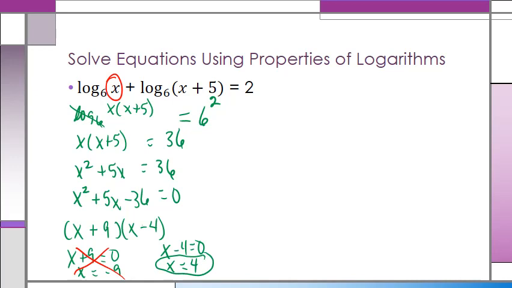But let's see what we do if we go in here and prove this. I'm going to go right back to this step right here.